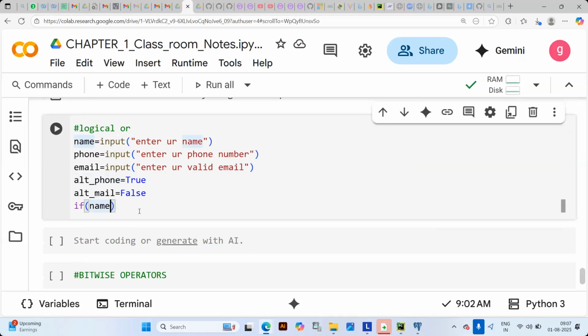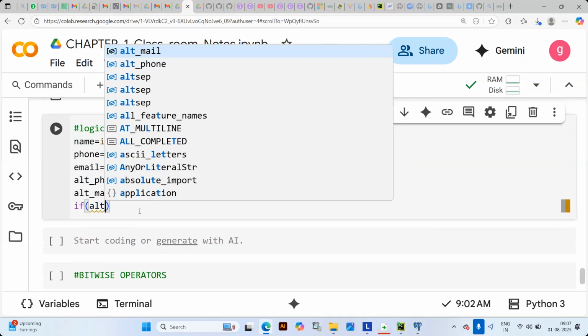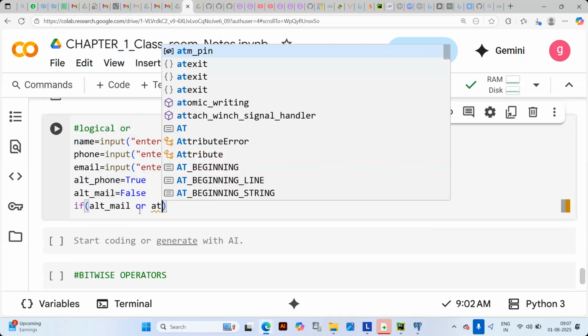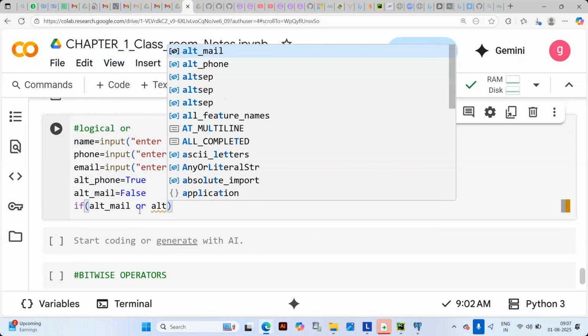That's a comparison. Like, alternate email ID or alternate phone number.